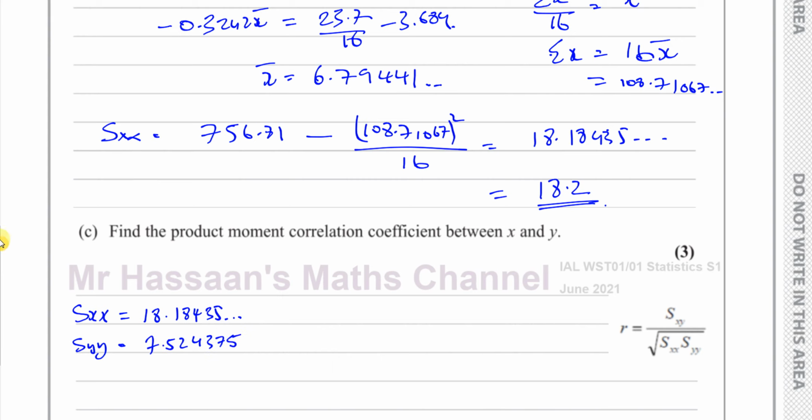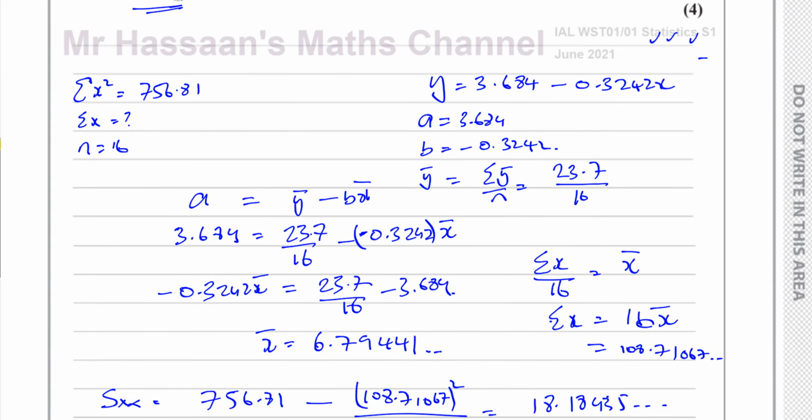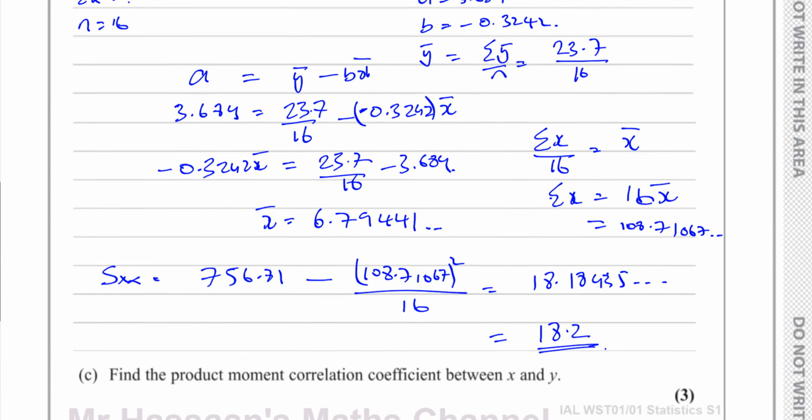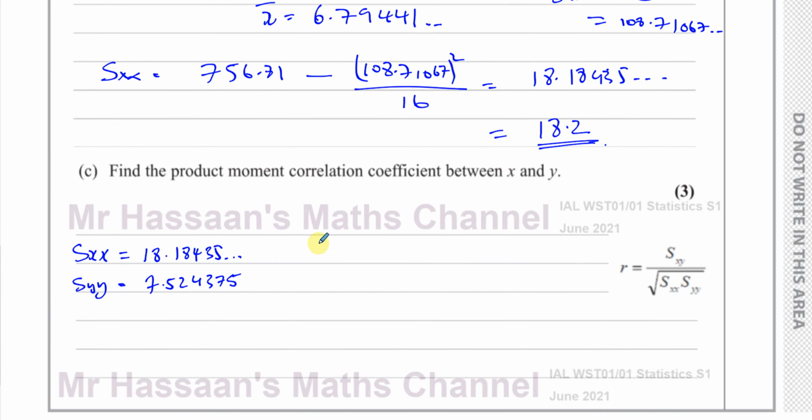That's Syy. Now we need Sxy. Now we weren't given Sxy. So if we find what Sxy is, we can answer this question. So that's our mission now, to find Sxy.